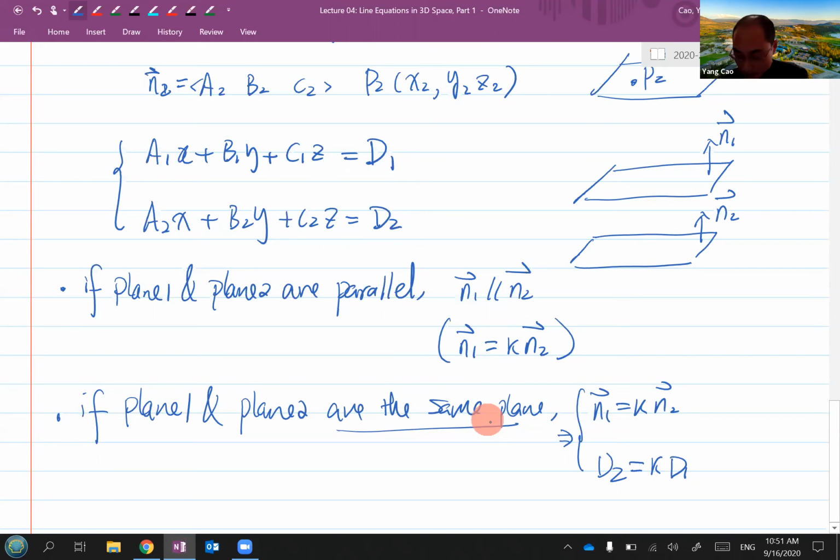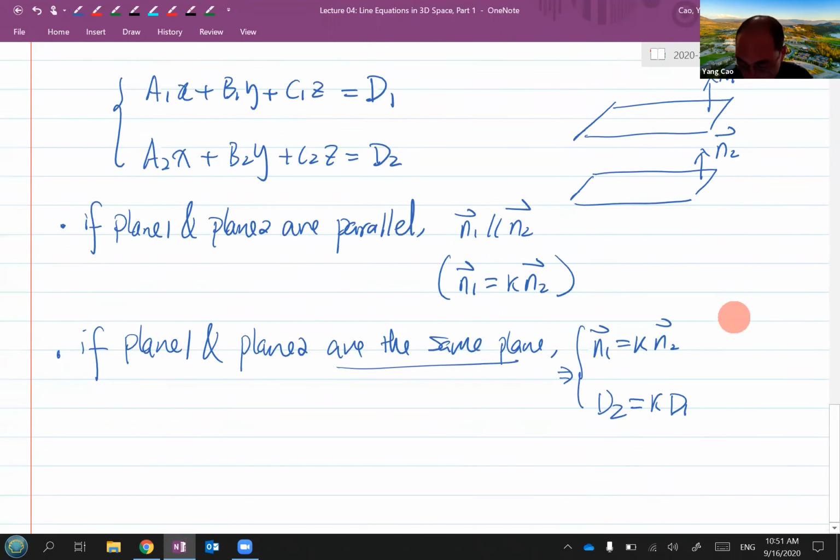Good. So now think about the other special situation, when the two planes are perpendicular to each other. Essentially they intersect with each other. In this case, you can just use the dot product.